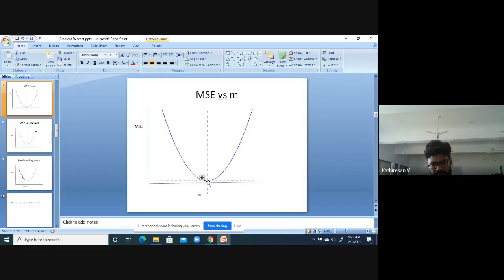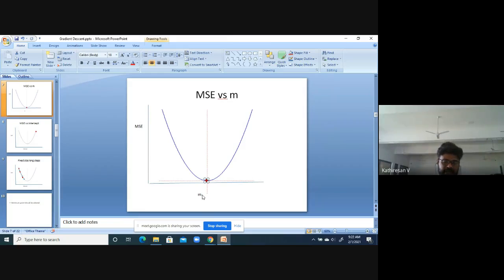After reaching this particular point, again MSE will get increased. So we have to look into this particular point. This is global minima. At this point, we have to take M.